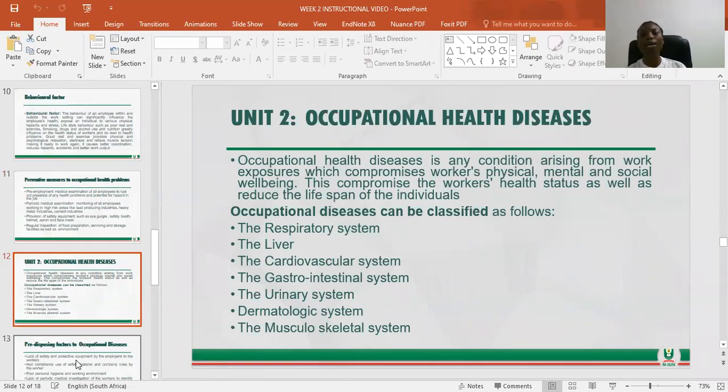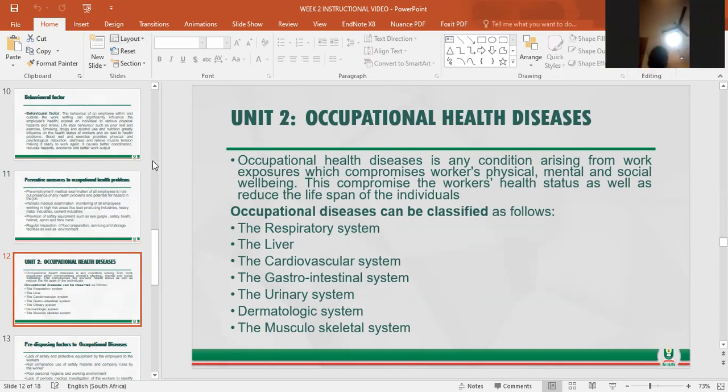Now, occupational health disease. What is occupational health disease? Class, what do you understand by occupational health disease?